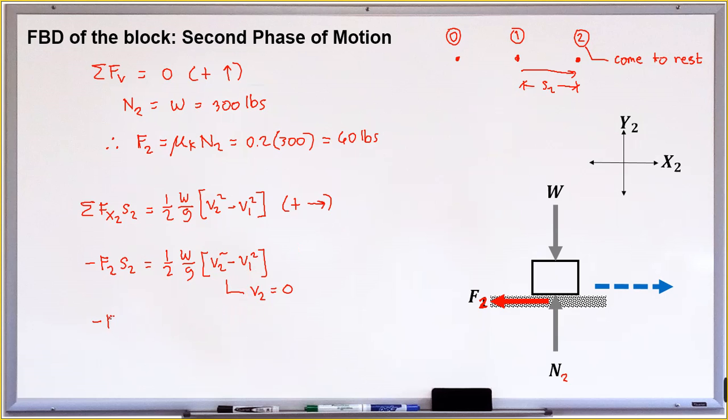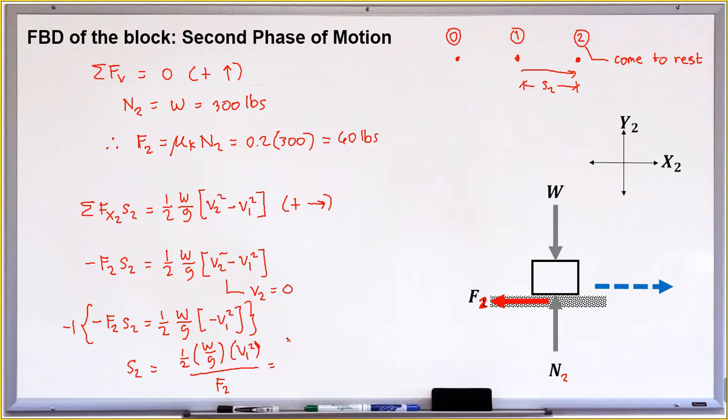So mahimo ning negative F2 S2 equals 1/2 Wg, and then negative V1 square. So na may negative on both sides, pwede multiply by negative. So that is why our S2 is equal to 1/2 Wg, then V1 squared all over F2.